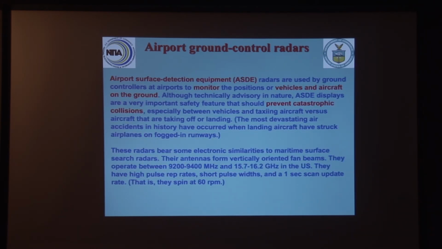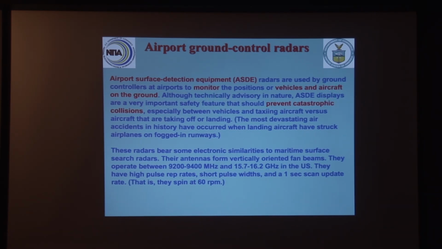We're almost done. Airport ground control radars called ASDs. These are very much like maritime radars functionally. They prevent catastrophic collisions on the ground. And they help prevent collisions between aircraft on the ground and aircraft that are either landing or taking off on the same runway, where you have a so-called runway conflict. The worst air accidents in history have occurred on fogged-in runways where one plane was on the ground and another plane, for example, was trying to land, and bam-o, they hit it.